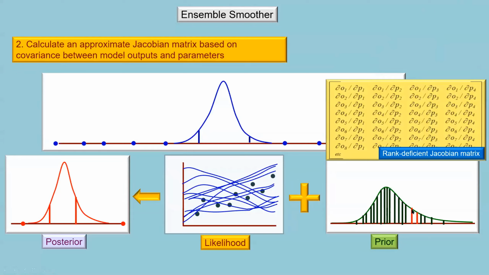But then based on a covariance between each parameter and each model output, with a little bit of matrix wizardry, I can generate an approximate ranked efficient Jacobian matrix. Now, in some ways, this matrix is rubbish.